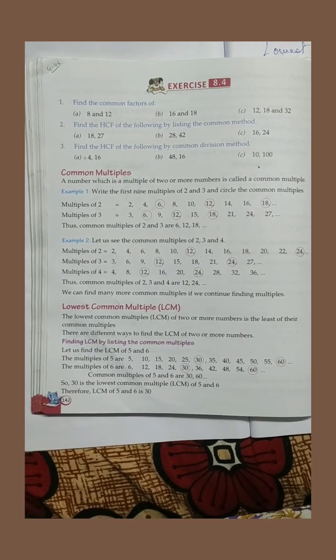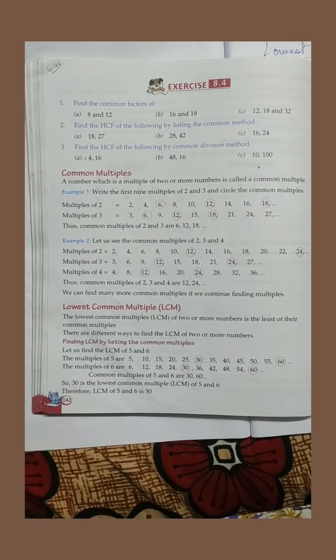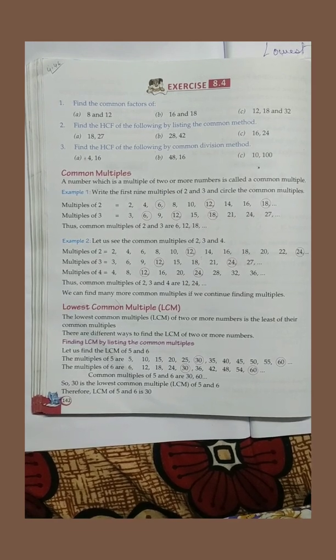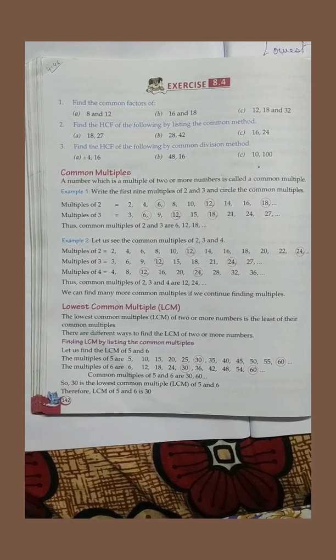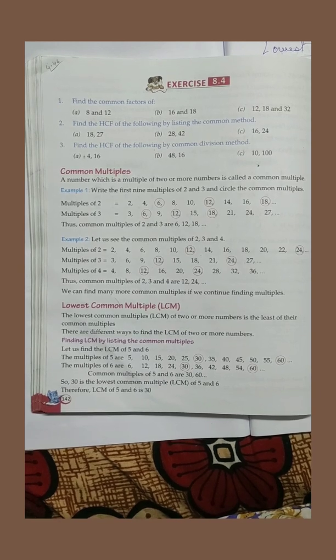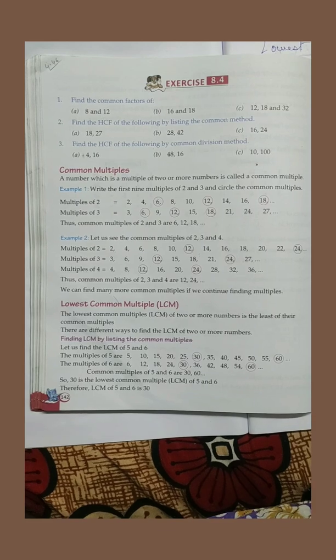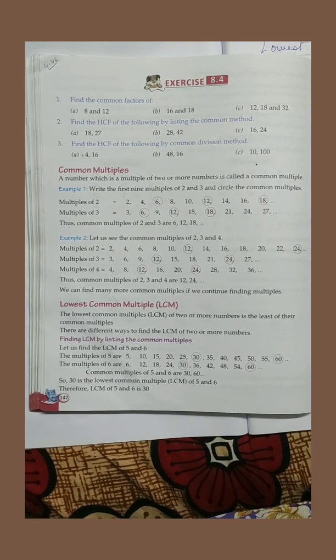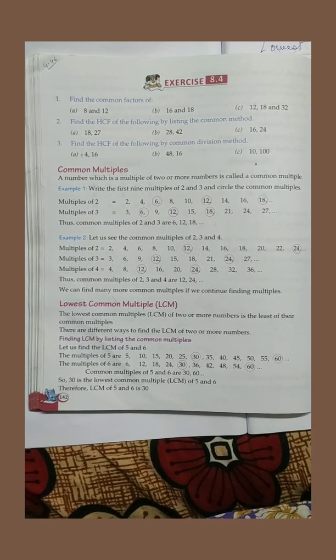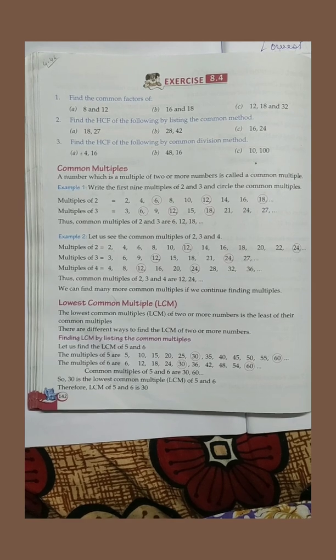So let's see. What are the multiples of 2? The multiples of 2 are 2, 4, 6, 8, 10, 12, 14, 16, 18, 20, 22, 24, 26, 28, and so on. It will never end.